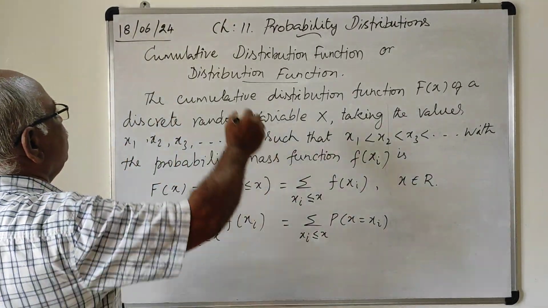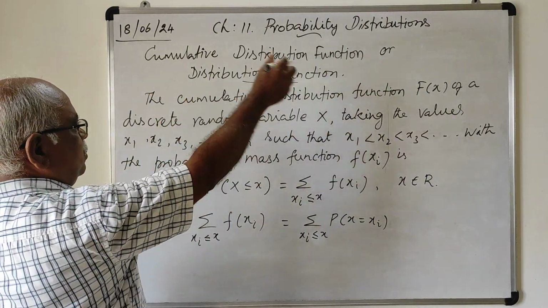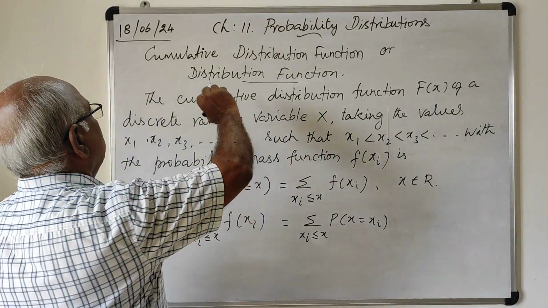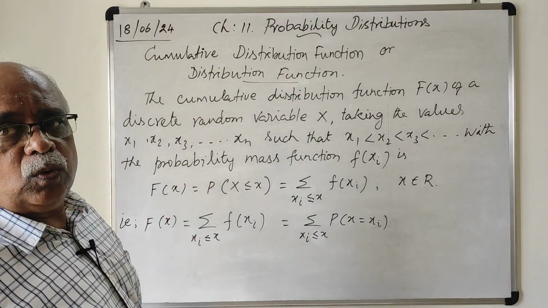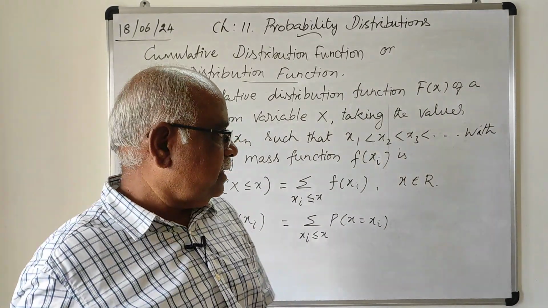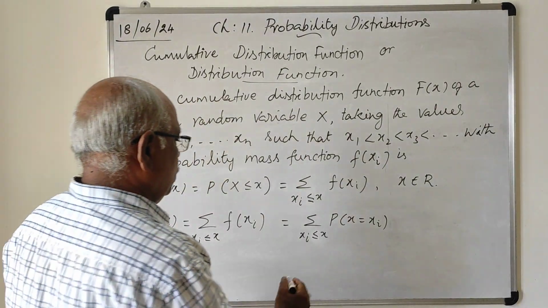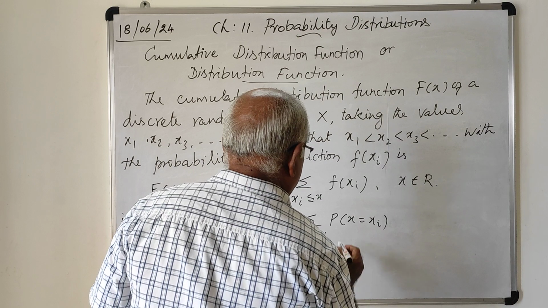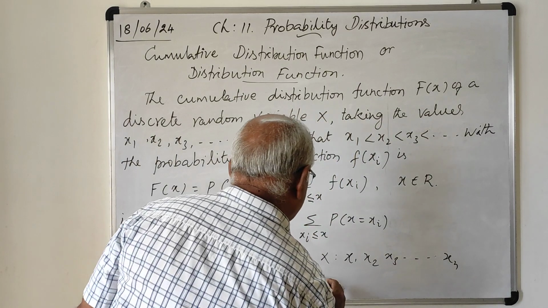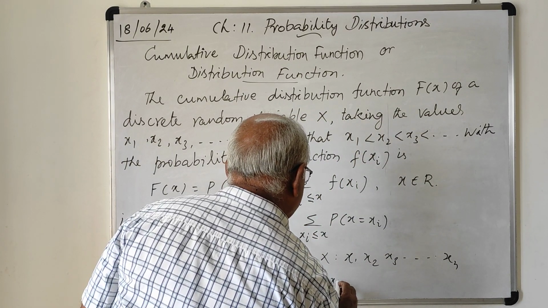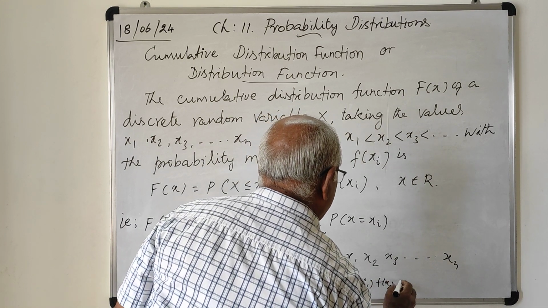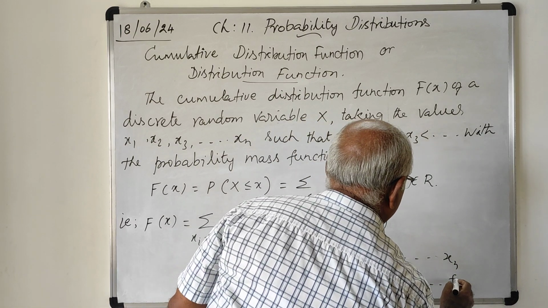Next we will see the definition of cumulative distribution function or distribution function. Cumulative means accumulated. See, you know the probability mass function: the random variable x takes real values x1, x2, etc., xn, and the corresponding probabilities f of xi are f of x1, f of x2, f of x3, and so on, that is f of xn.